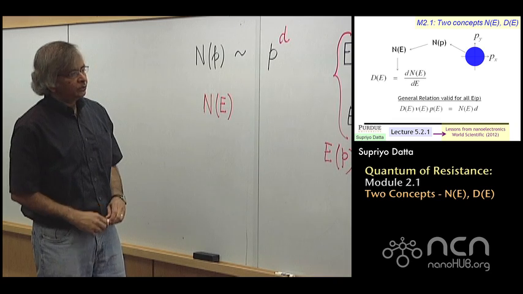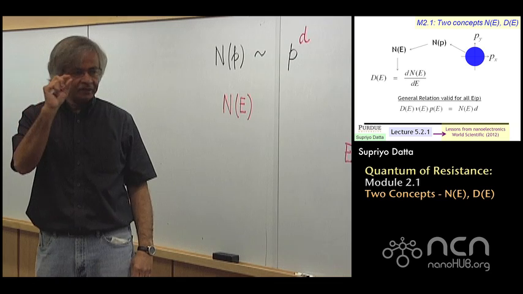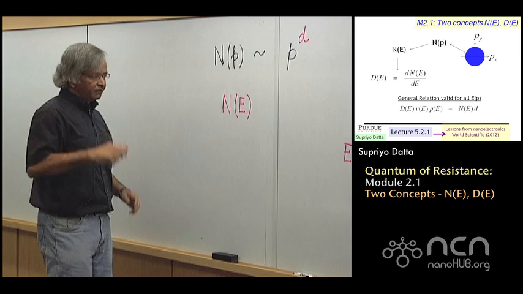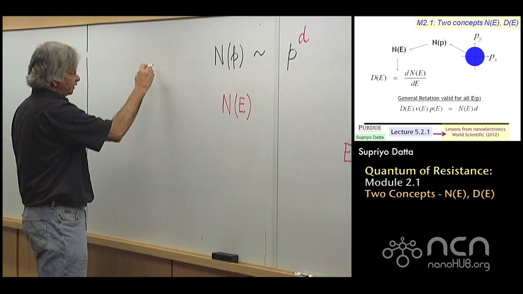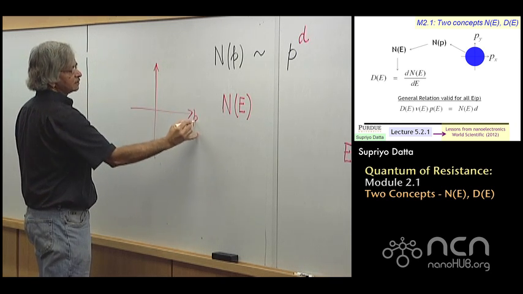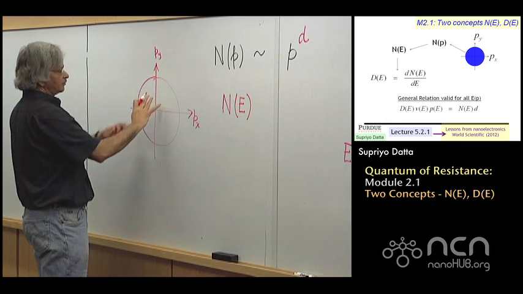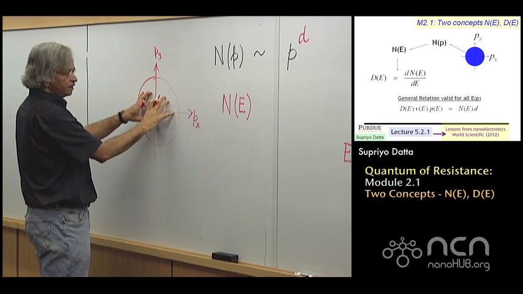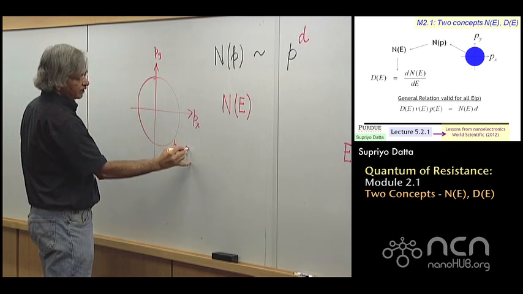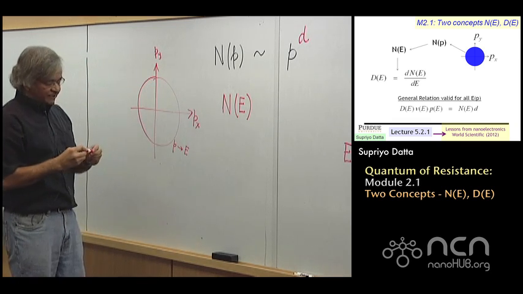Okay. Now, what we want is this density of states. That is, how many states are available in a given range of energies. So again, let me draw this picture that I just took off. That is Px, Py. You look at the total number of states inside this circle, that's N of P, and the P, of course, translates to a particular value of the energy, so that gives you N of E. Now, what is the density of states?